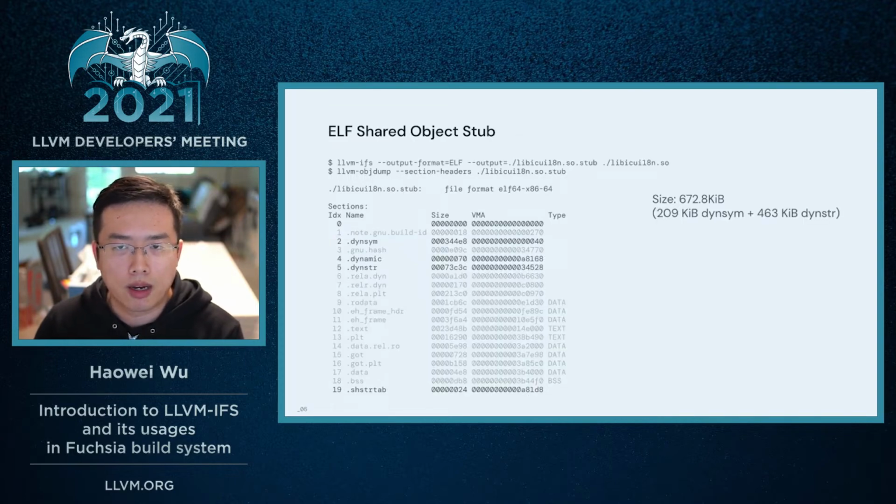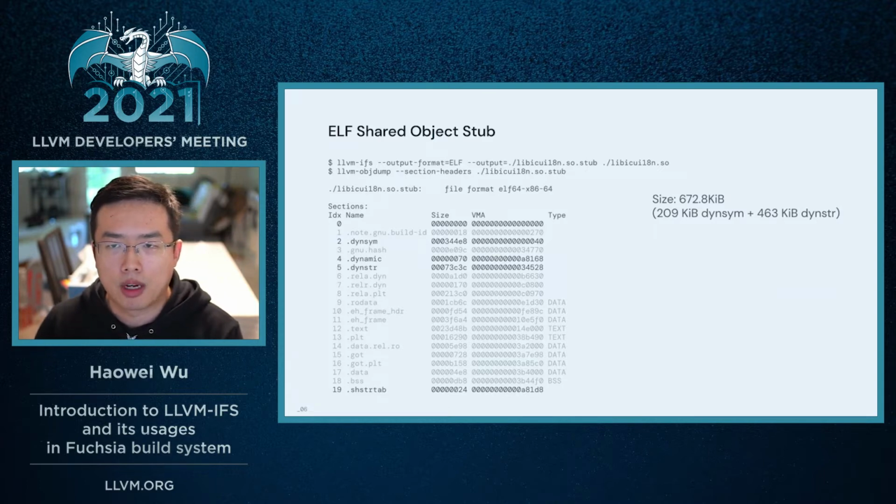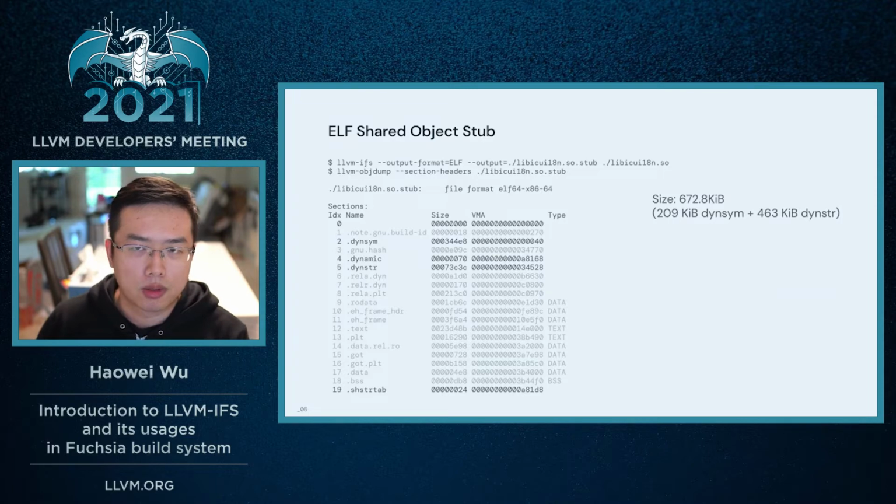With the LLVM-IFS, the library can be further stripped to have only 4 sections that contain necessary metadata and dynamic symbols. The binary stub is still compatible with linkers, but the size has been reduced to only around 670 kilobytes, which is less than 20% of the original stripped shared object. That's a lot of size improvement.